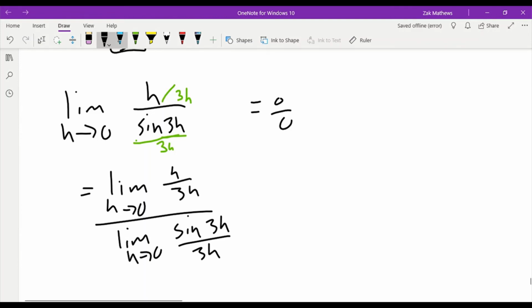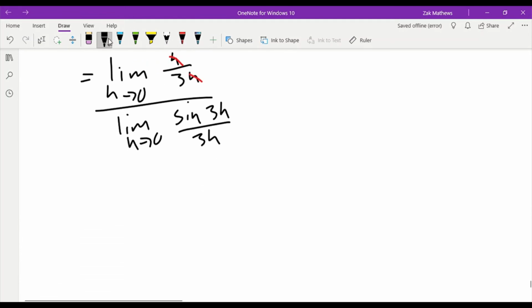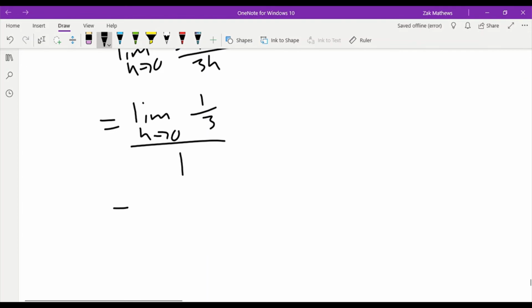Well, the numerator, I'm still getting 0 over 0, except I realize that I can cancel out those h's. And so we'll be left there with just the limit as h goes to 0 of 1 over 3. The denominator, however, we have exactly that property that we set up at the beginning, so that's just equal to 1. And so we're left with a limit of 1/3.